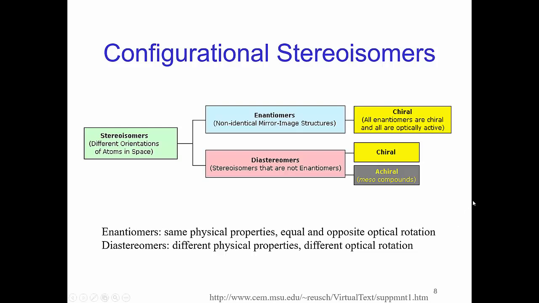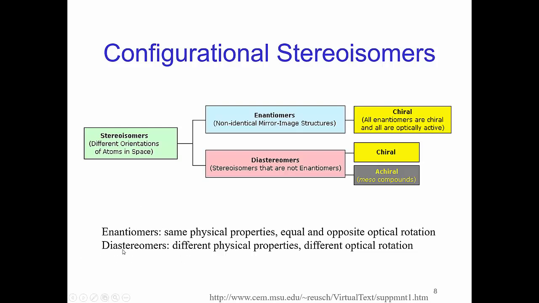When we observe this property, we have to take into account all of these features such as concentration and length of the tube from which we're making the measurement of this rotation. Okay, but equal and opposite optical rotation. This is a characteristic that can be cataloged and put down for any particular compound, and it is characteristic of that particular compound, of that stereochemistry.